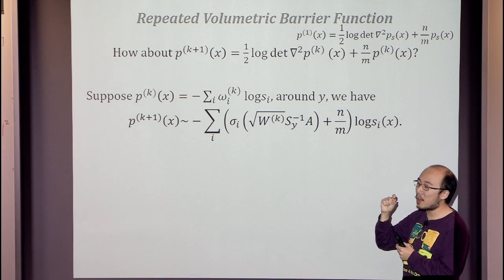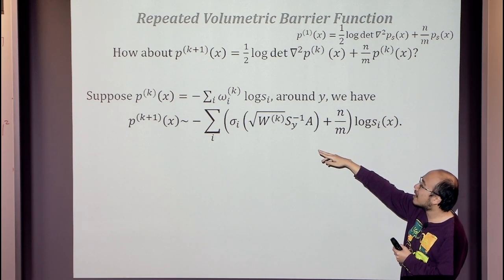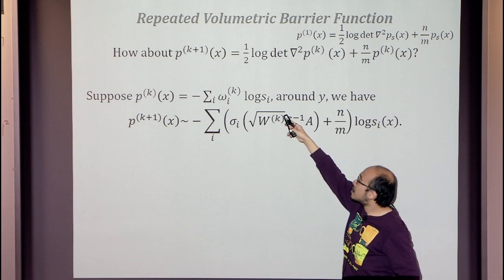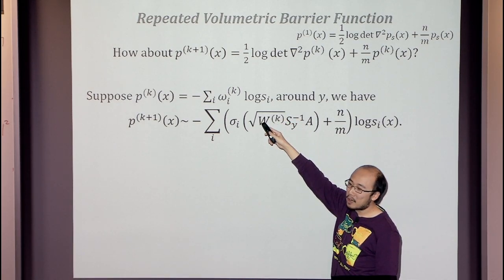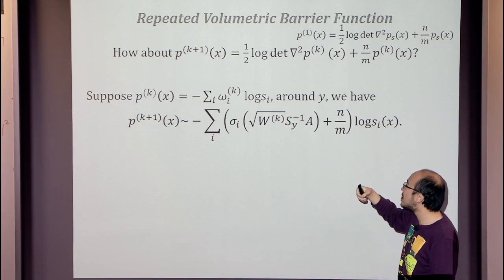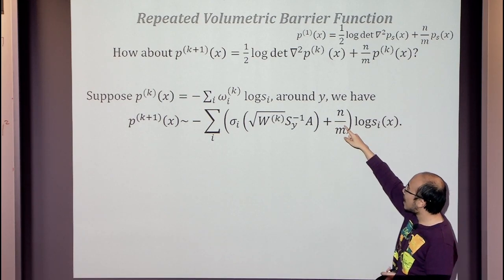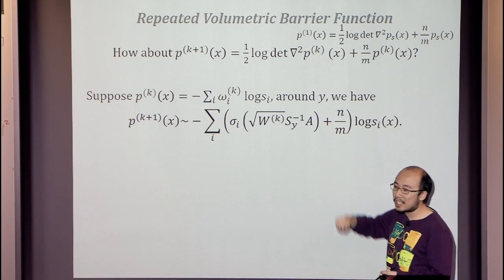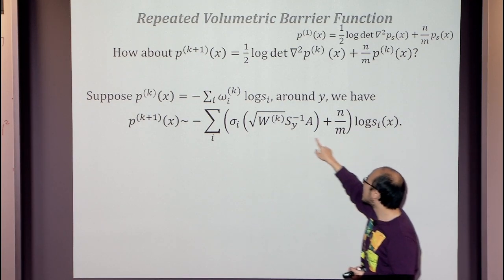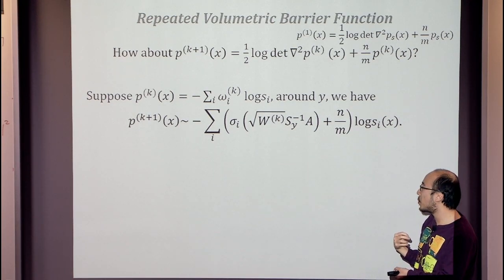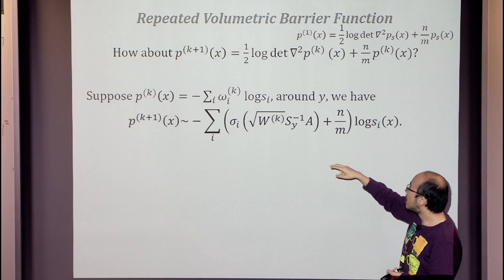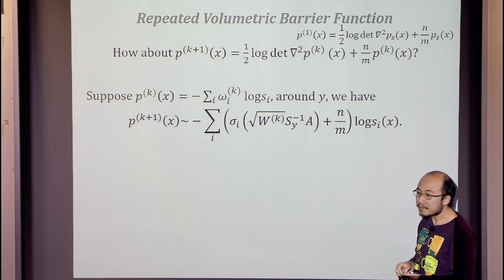Imagine your P_k, your previous barrier function, looks like a weighted log barrier function, and then do the calculation again. Then you will notice that around any point y, the new barrier function will look like this form. It reweights your constraint by sigma plus n over m.